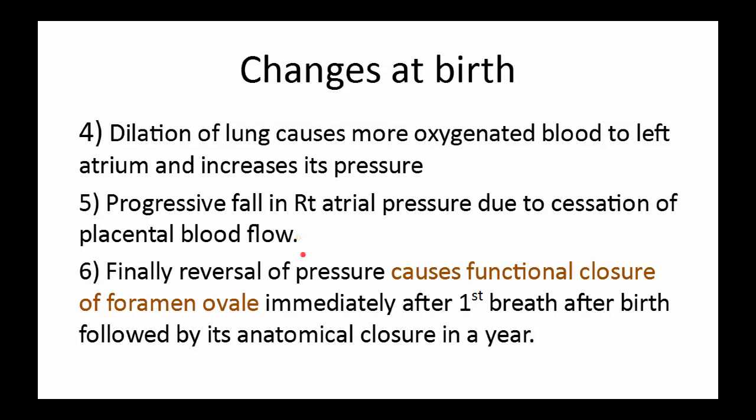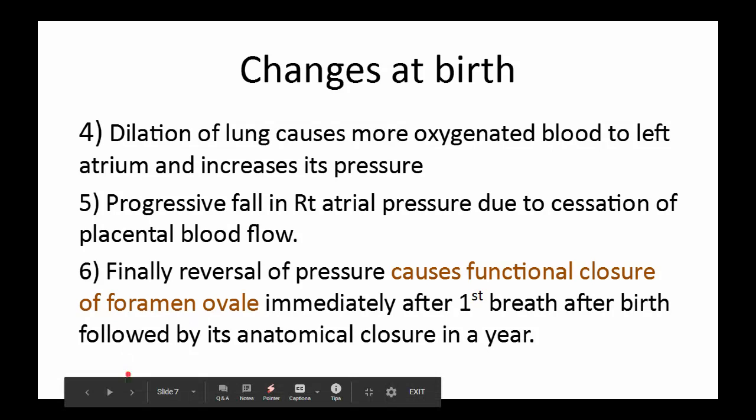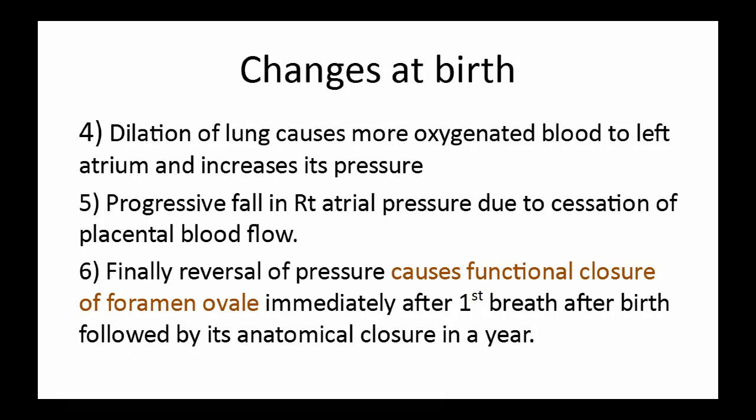So there is a reversal of pressure, which causes the functional closure of the foramen ovale immediately after the first breath, followed by its anatomical closure within a year. Because of the reversal of the pressure, the septum primum will be pressed against the unyielding septum secundum, and finally it will lead to functional closure of the foramen ovale.